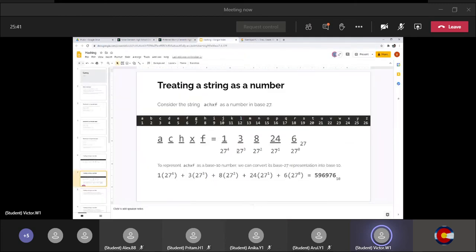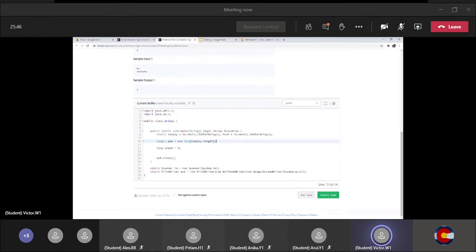Every substring we consider is of length Sanjay. Pow of I will be base to the power of I, then mod, because all of our operations are going to be taken mod our mod. So I need to explain how operations with mod work.